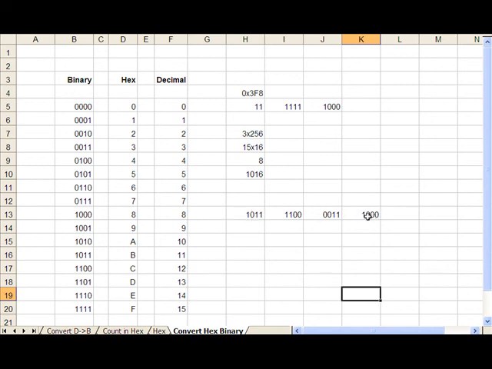This is all one value, one big binary number, and when we convert it to hex, we can convert it 4 bits at a time.